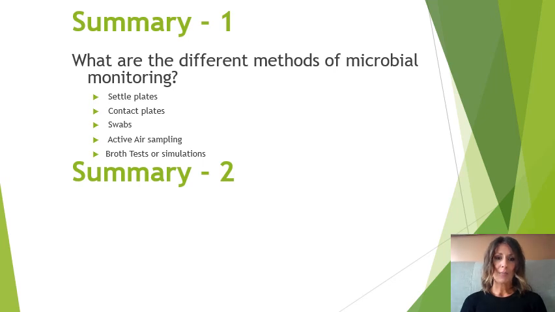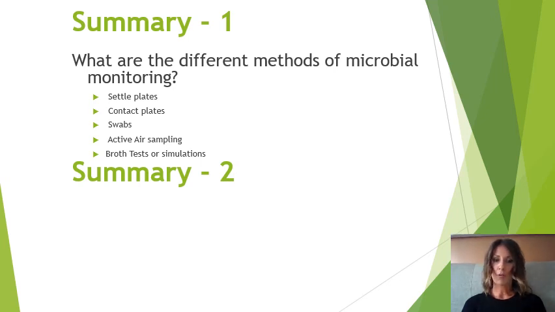So in summary, what are the different methods of microbial monitoring? Well, I've talked a lot, and that was a lot of information, but I hope it was useful. We have settle plates, so passive air samples, contact plates, contacting the surface that we wish to monitor. We have swabs for those hard to reach places, and we have active air sampling, which actively draws in a volume of air.